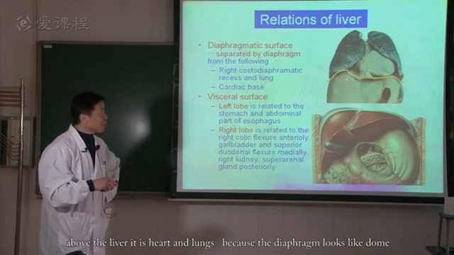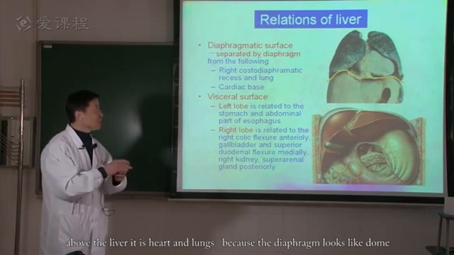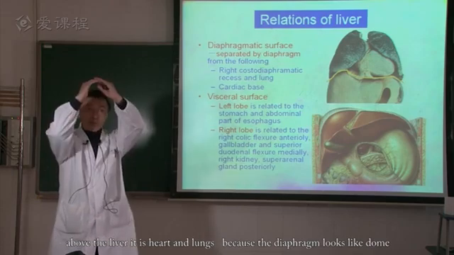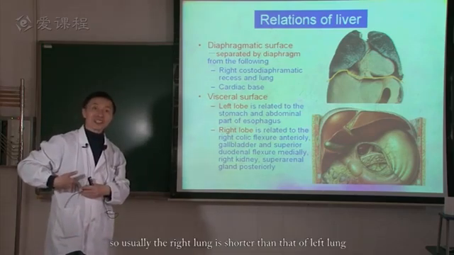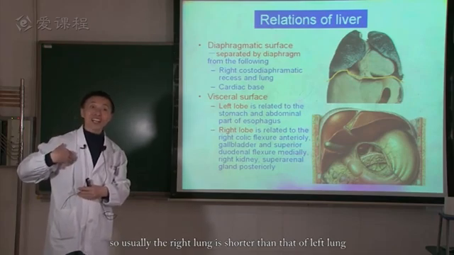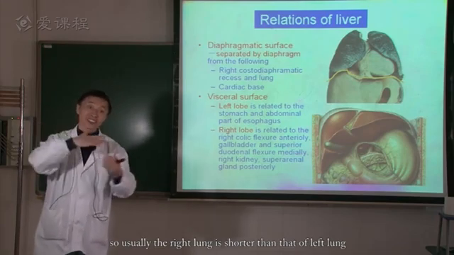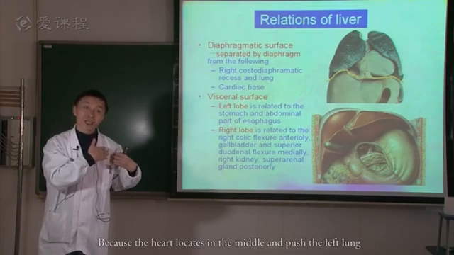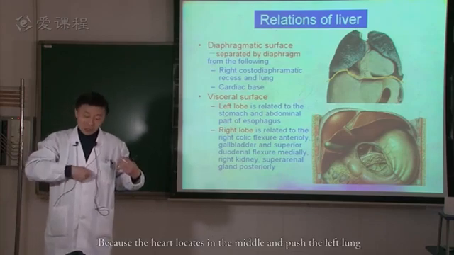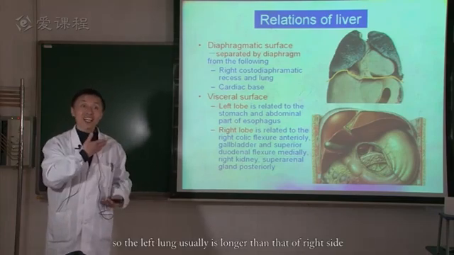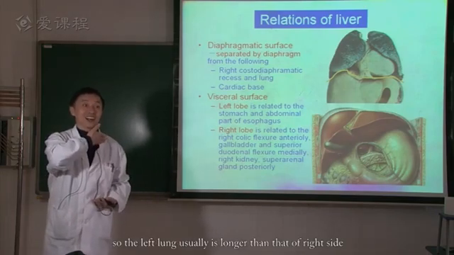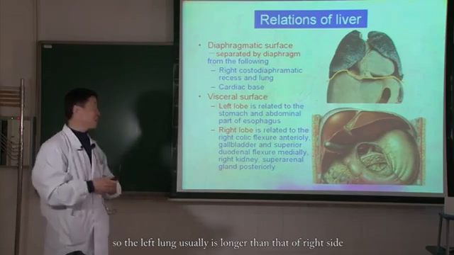You know, because the diaphragm looks like a dome. Usually the right side is shorter than the left side. But because the heart is located in the middle and pushes the left lung, the left lung is usually shorter, and the right side is longer.